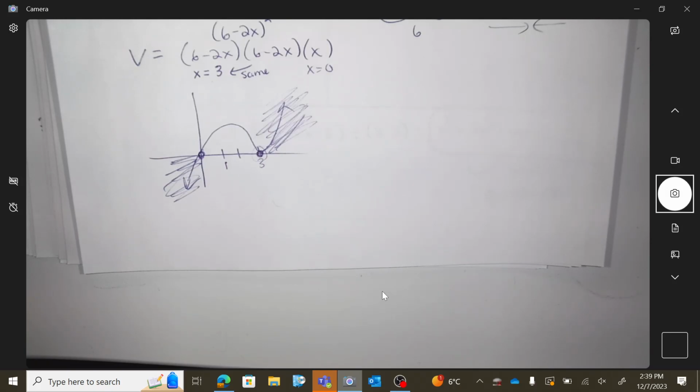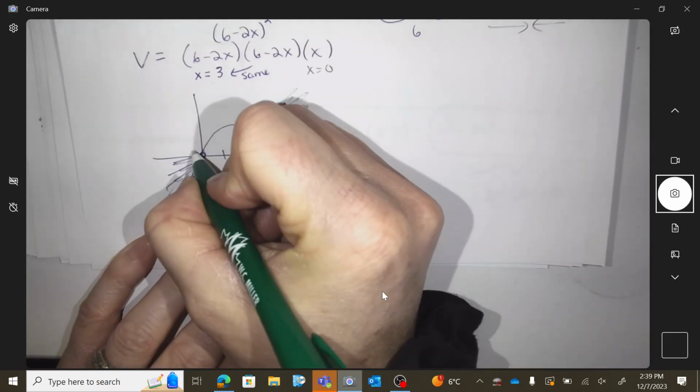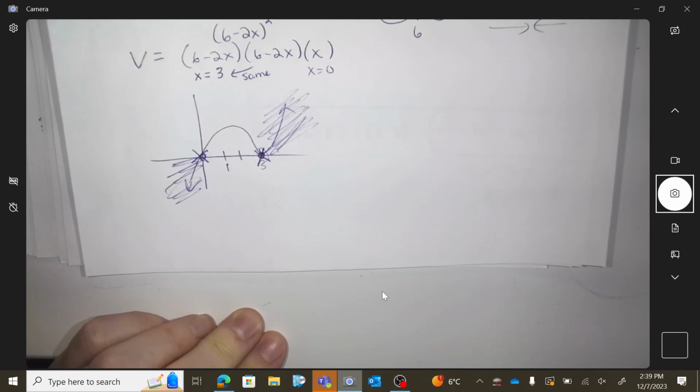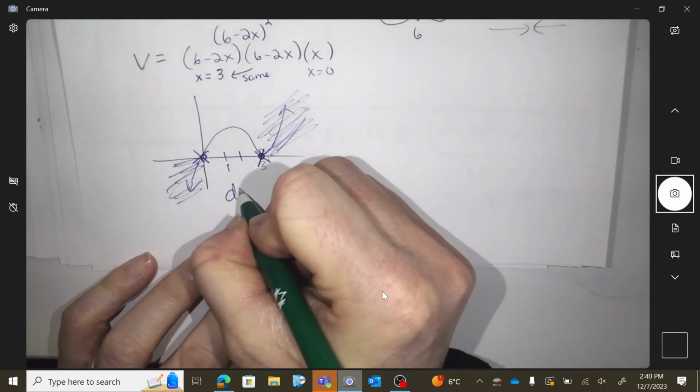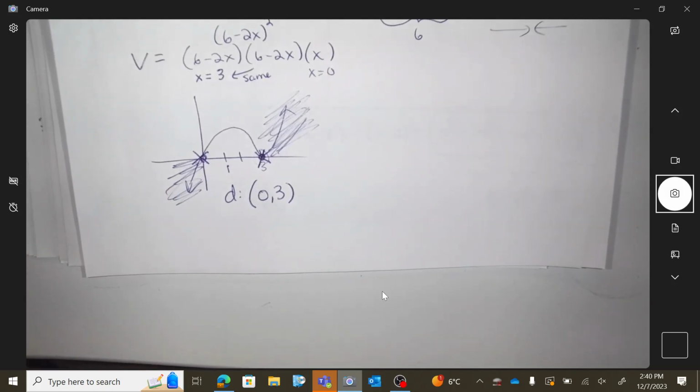No. If you cut off 3 and 3, what's the length of your side? 0. Can you have a box with a length of 0? No. So what is your domain? 0 to 3, round brackets. You can't be on them because you can't cut off the whole side and you can't not cut off any, right?